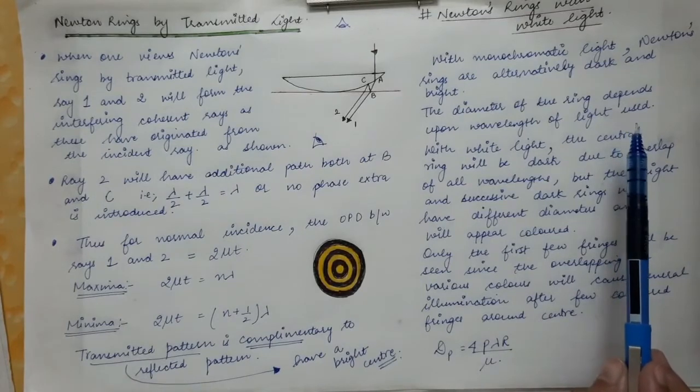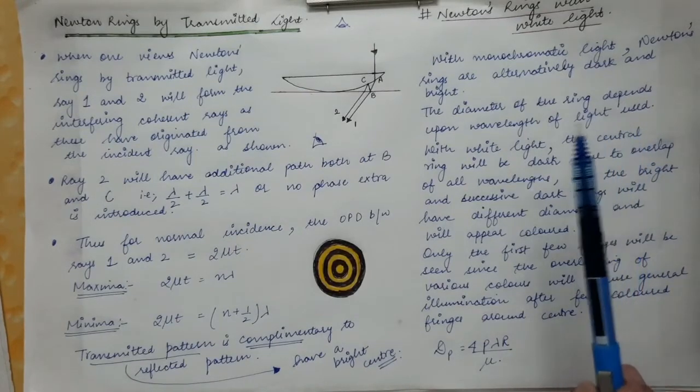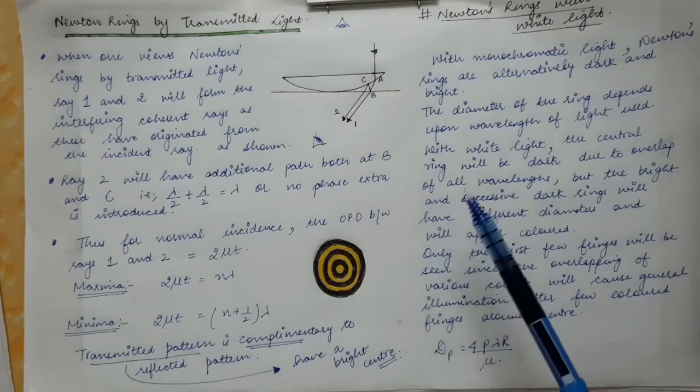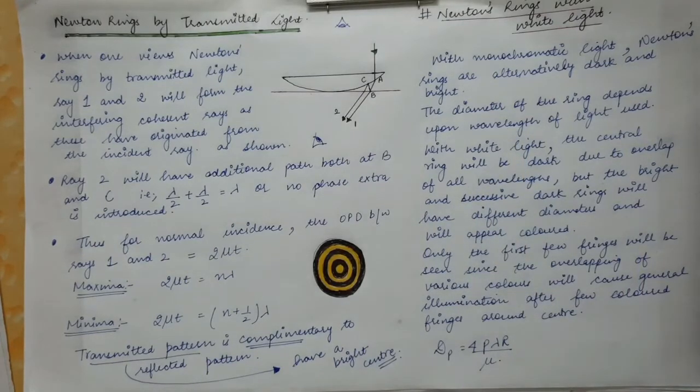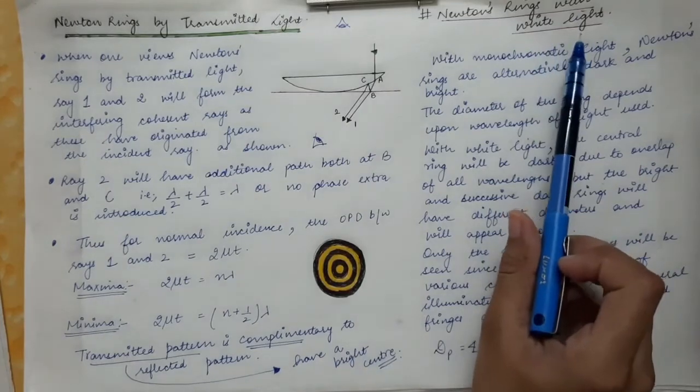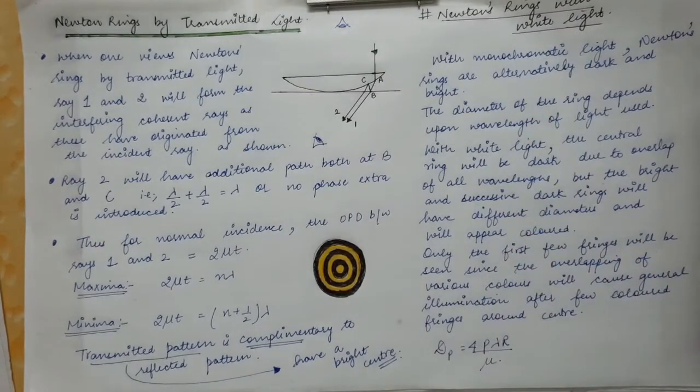We have already studied the expression of the diameter, so it is dependent upon lambda, that is, on the wavelength. In case of white light we have 7 components, and all those 7 components have different ranges of wavelength. So corresponding to all those wavelengths we will get different diameters.